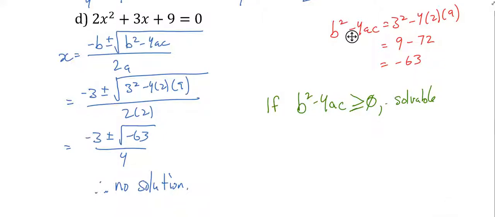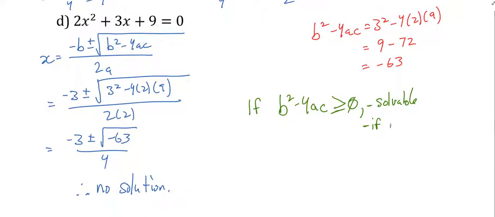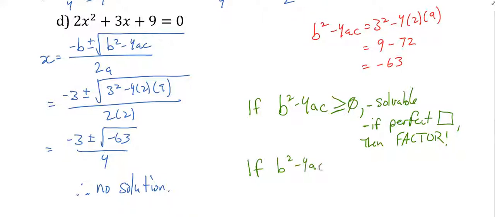And if it's a perfect square, then you can factor it. And if b squared minus 4ac is less than 0 or negative, then there's no solution.